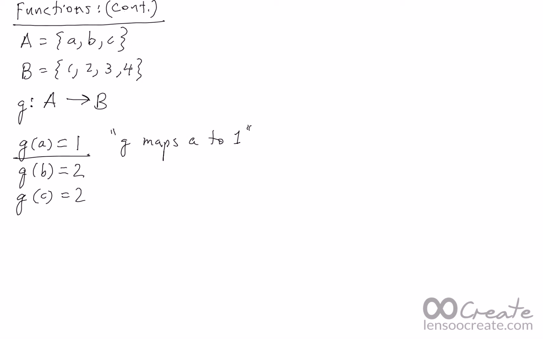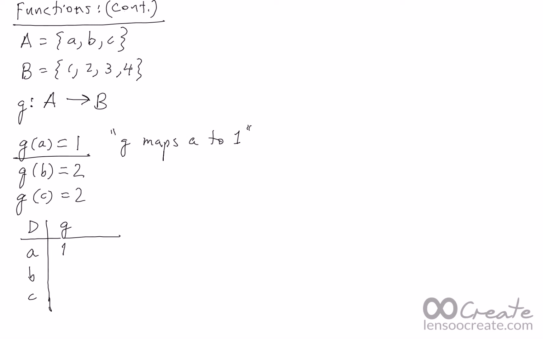Another shorthand for specifying this is to put the elements of the domain in a column and to label another column, function G here, with the corresponding elements.